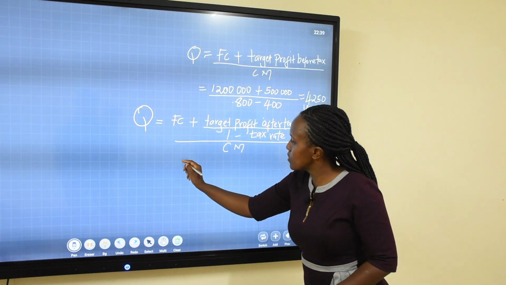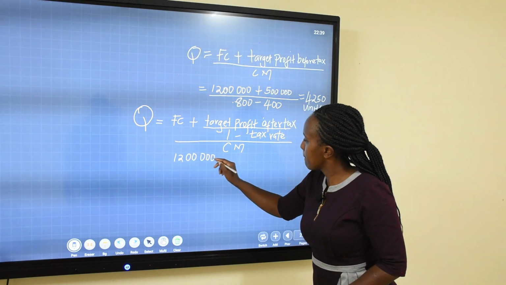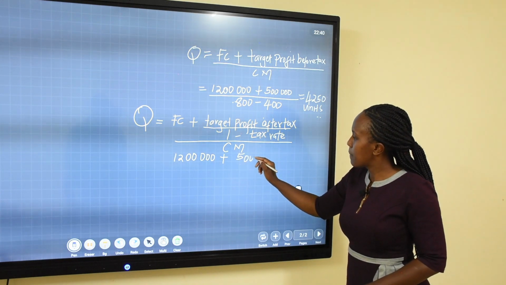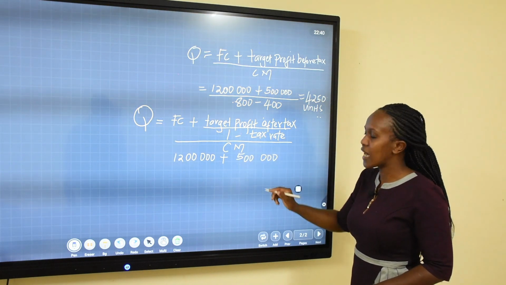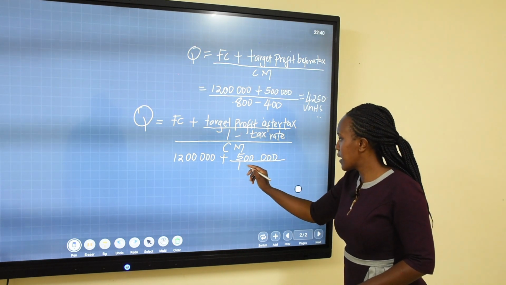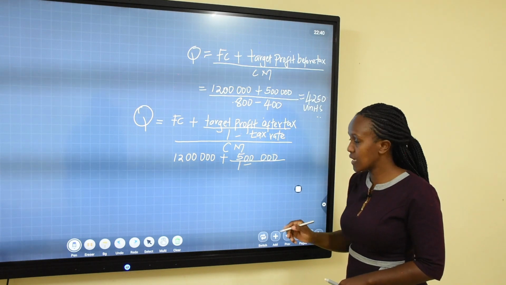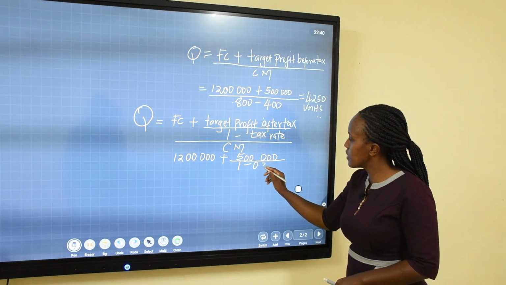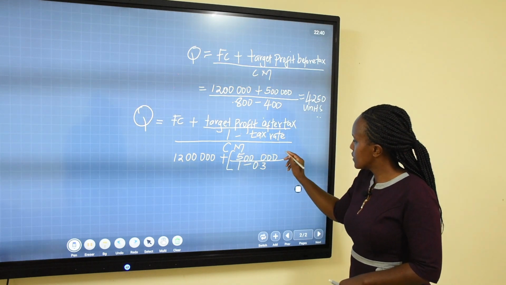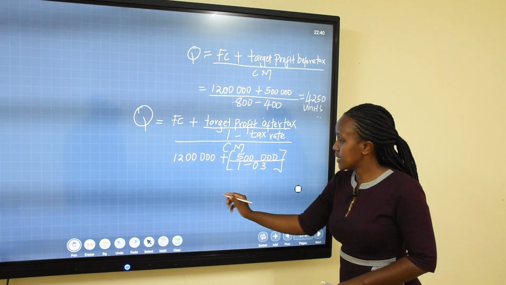So our fixed cost still remains 1.2 million. Our target profit is 500,000, but now we want this amount after tax. So we are going to say 1 minus tax rate. We have been told in our question that the tax rate is 30%, which is the same as 0.3. So this part is the only one we are changing, this denominator.